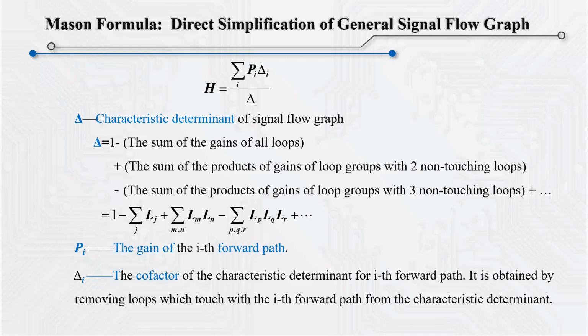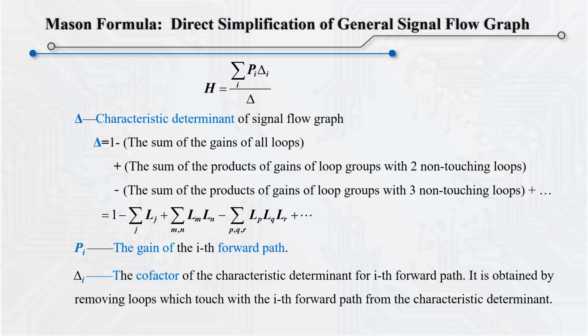If there are more loop groups with 4 or more non-touching loops, it should continue to plus that of loop groups with 4 non-touching loops, and minus that with 5 loops, and so on, until no more non-touching loop groups can be found.